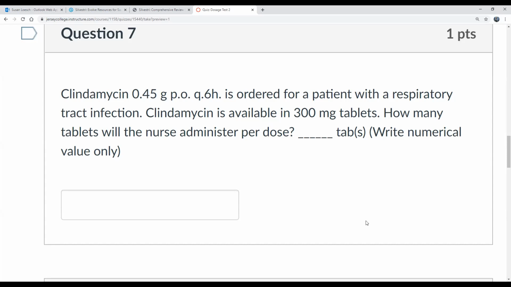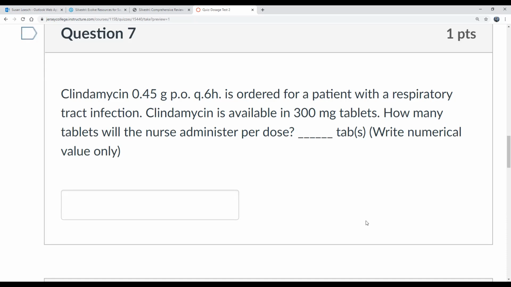Convert it, multiply it times 1,000. It's probably going to be 450. So it's going to be 1-something tablets, right? 450 milligrams divided by 300 times 1. And 300 is only going to go into 450 once if you know a little bit of math. So it's only going to be 1-something tablet.